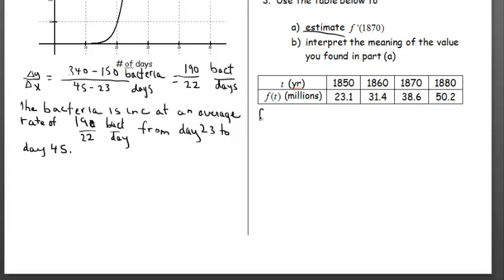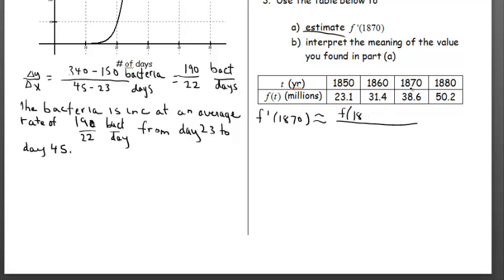Okay, so f prime, that instantaneous rate of change in the year 1870 is approximately, we'll have to use an average rate of change. I'm going to use the 2 points on either side of the year 1870.